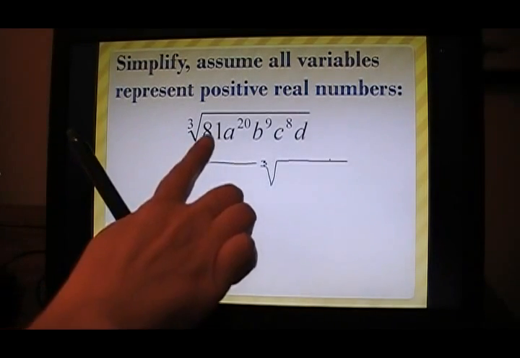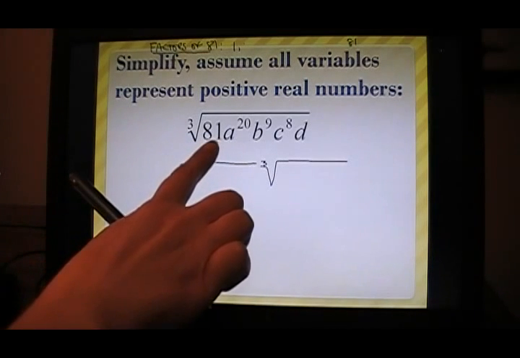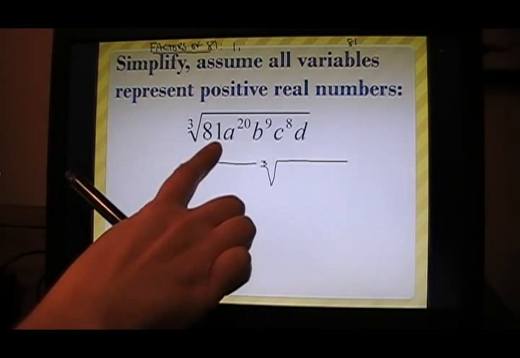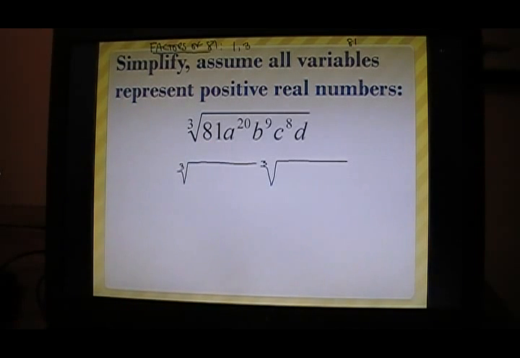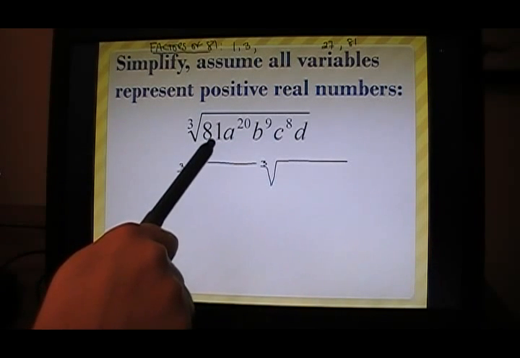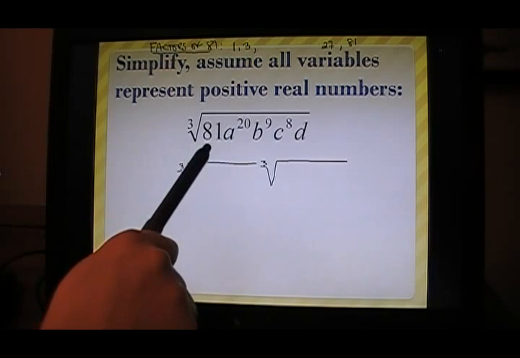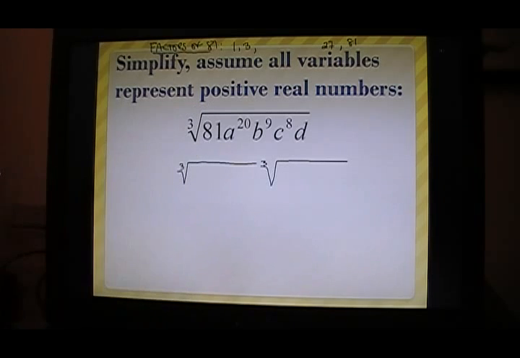for the 81, let's list some factors of 81 up here. I can multiply 1 by 81. 81 is not even, so it is not divisible by 2. It is divisible by 3. I can do 3 times 27. 81 is not divisible by 4, not by 5, not by 6, not by 7, not by 8, but it is divisible by 9.